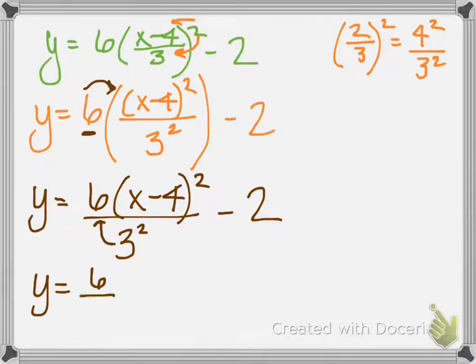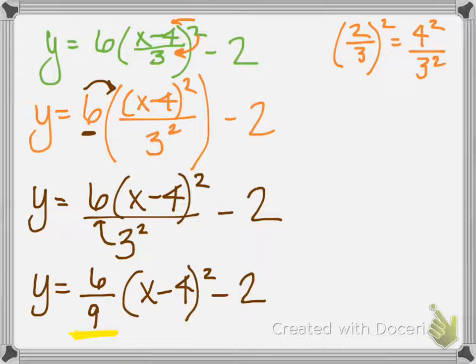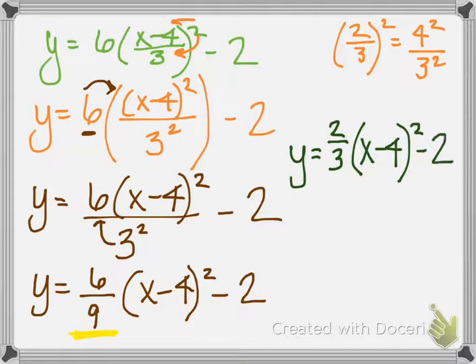So I have 6 over 9 times (x minus 4) squared minus 2. And now I have that single scale factor that they were asking me for. 6 over 9 is my scale factor. That reduces, though, to 2 over 3. So my single scale factor equation is y equals 2 over 3 times (x minus 4) squared minus 2.